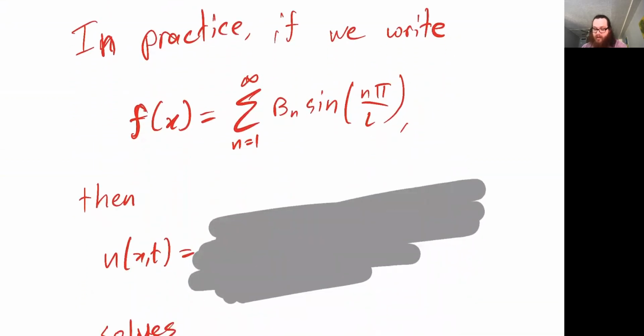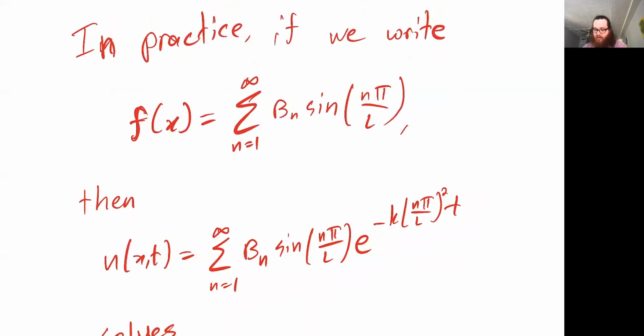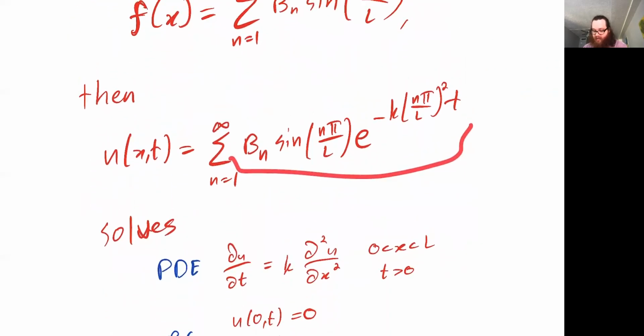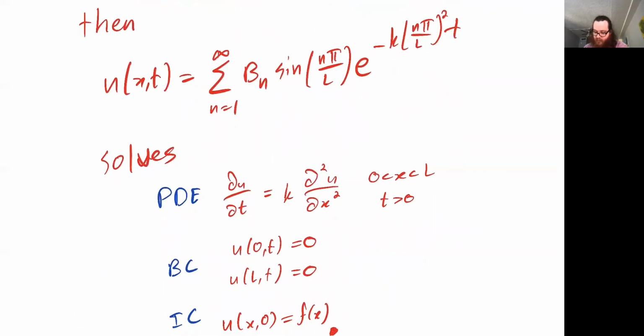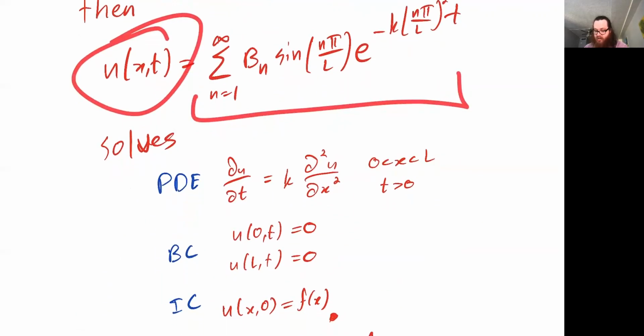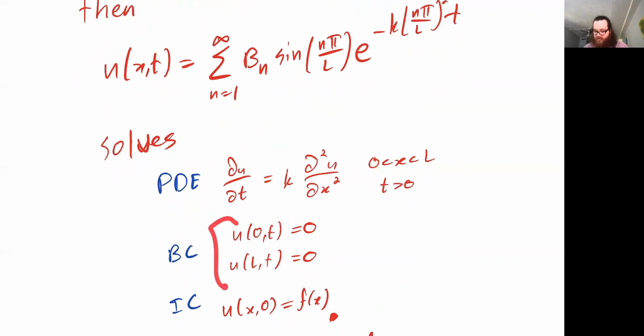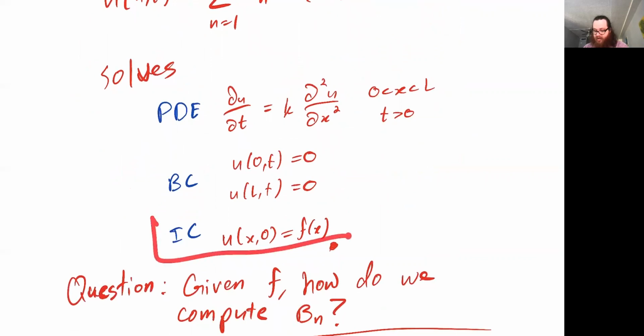So in practice, if we can express our initial condition as this linear combination of sine terms, then our solution u, if we take these terms here and tack on this e to the minus k n pi over L squared t, which I've written right here, to each of these terms, then this function, given by this expression, solves this PDE, solves these boundary conditions, and also solves this initial condition.